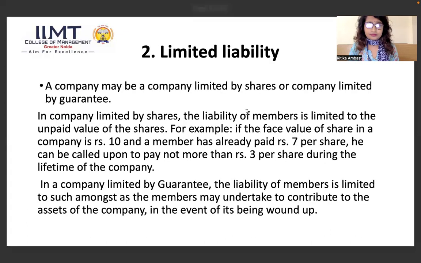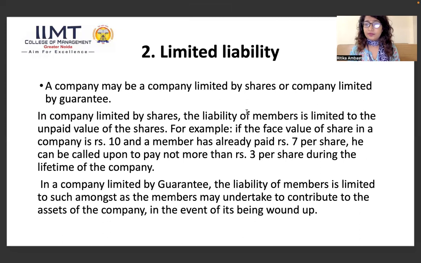The next characteristic is limited liability. A company may be limited by shares or limited by guarantee. If we talk about a company limited by shares, the liability of a member is limited to the unpaid value of the shares.